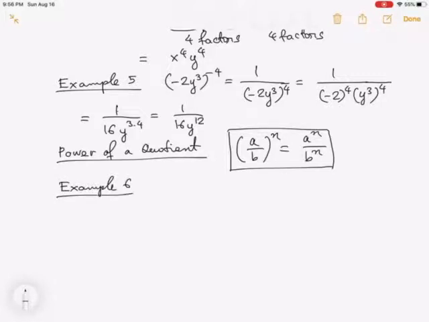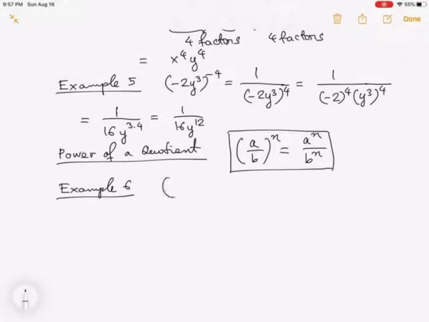So example 6. Minus 1 over t cubed to the power 5.